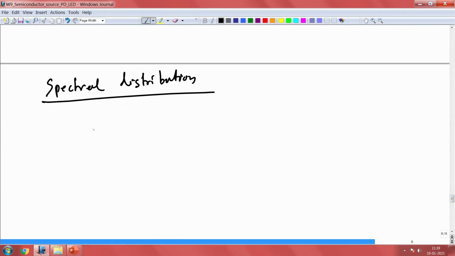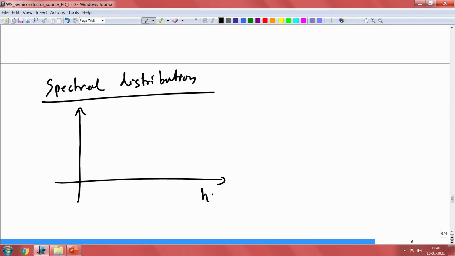So, ideally what we need is a single wavelength source, but we all know that an LED is a spontaneous source and there is a limitation to that, and that limitation is coming from the spectral line width, right. So, for a spontaneous emitter you are limited by the band to band transition. So, that is going to dictate our line width. Okay.